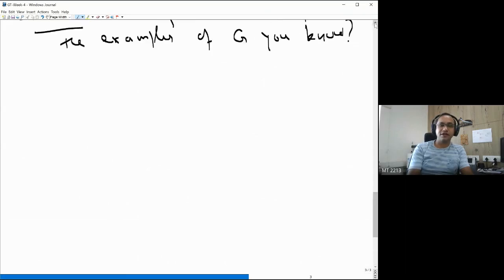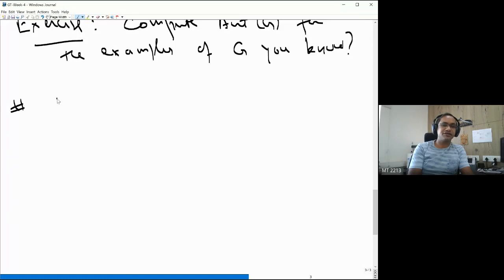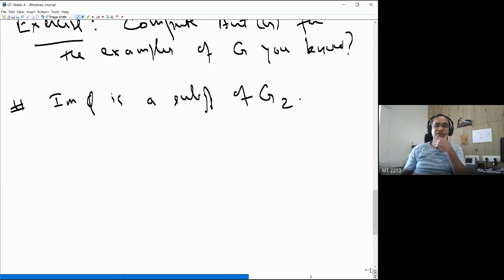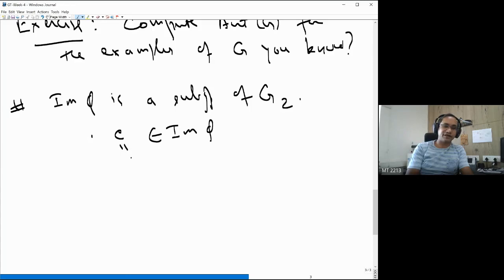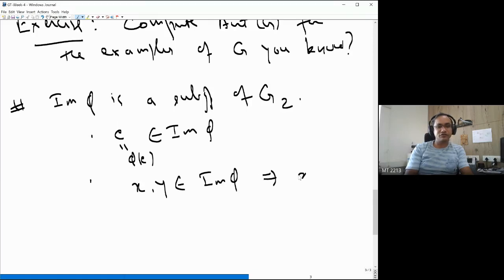And similarly, one can verify that the image of phi is a subgroup of G2. It need not be normal in general. But it's a subgroup, and again, you can verify all the properties. Clearly, identity belongs to the image of phi because identity is equal to phi of e. If x and y belong to the image of phi, then x into y belongs to the image of phi. How do I check this?